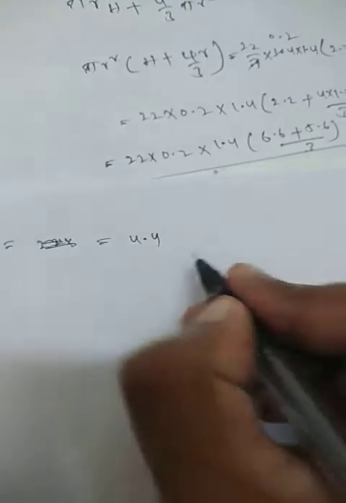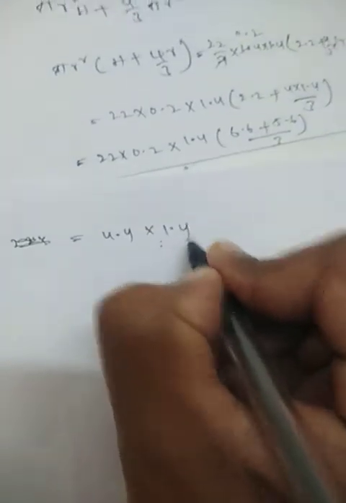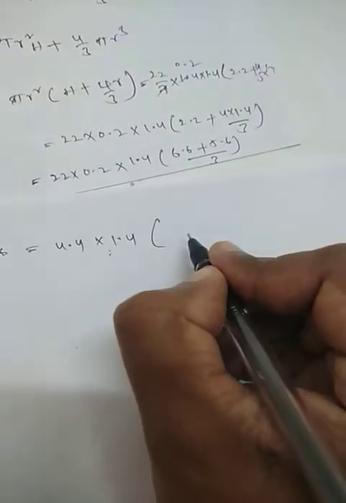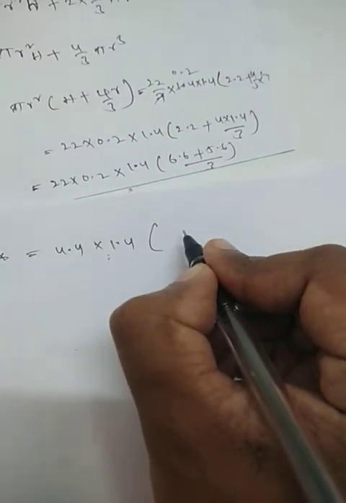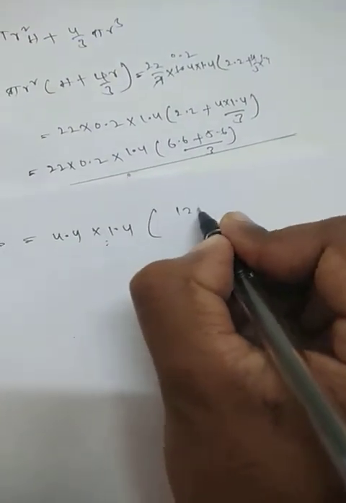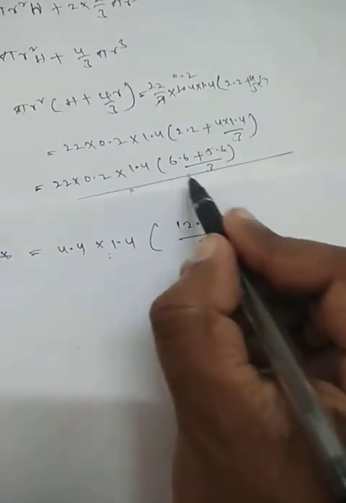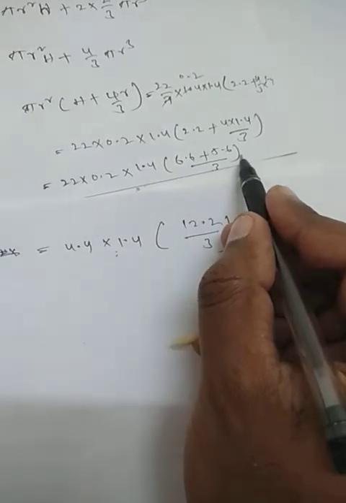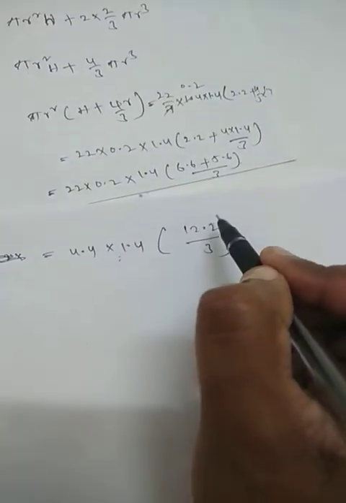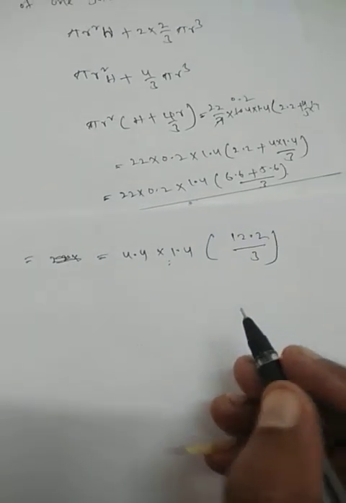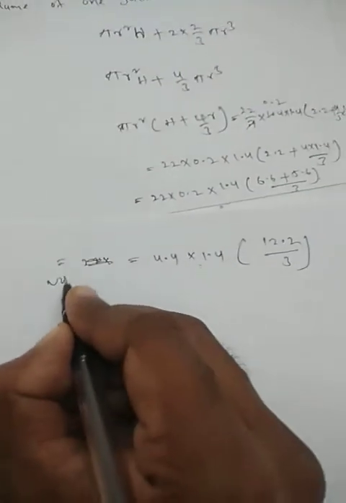Leave one decimal here, into 1.4, into 6.6 plus 5.6, which is 12.2, divided by 3. Is there any chance of cancellation here? Now this is the volume of each gulab jamun.